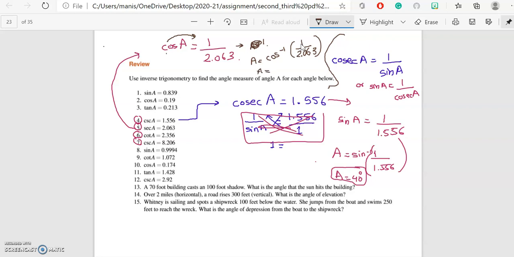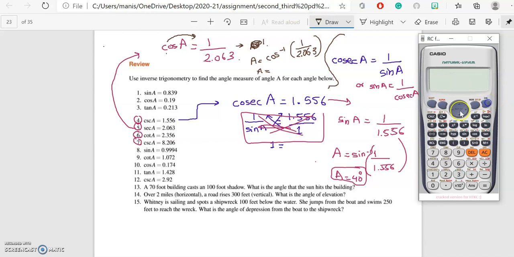A is equal to whatever is my answer. So let's pull up our calculator. So this is shift, cosine inverse, 1 divided by 2.063, and I will close my parentheses over here, which gave my answer as 61 degrees.